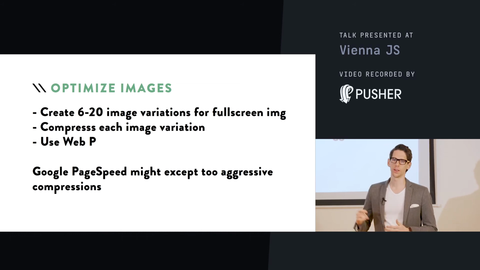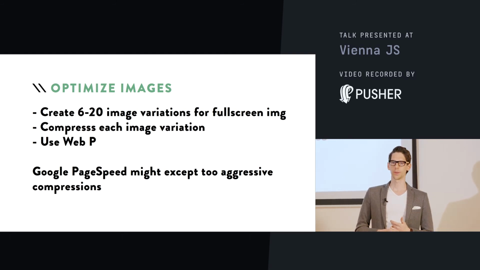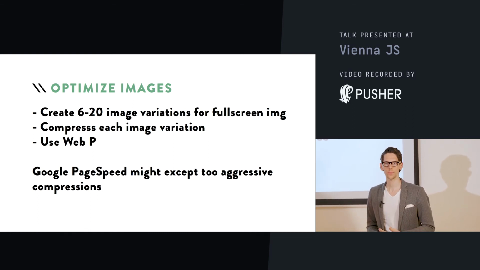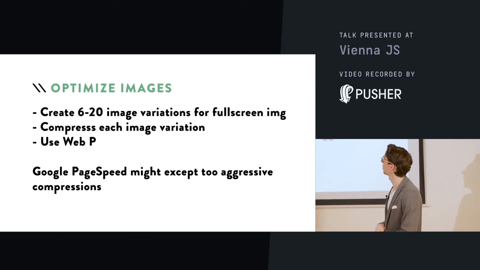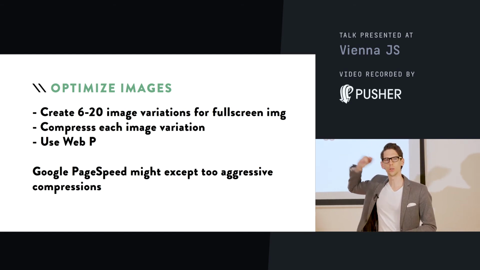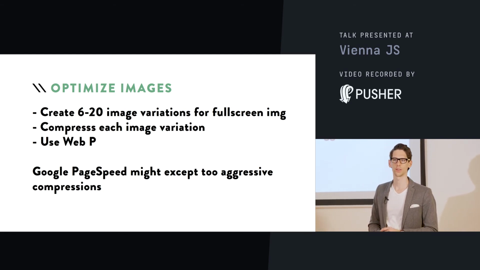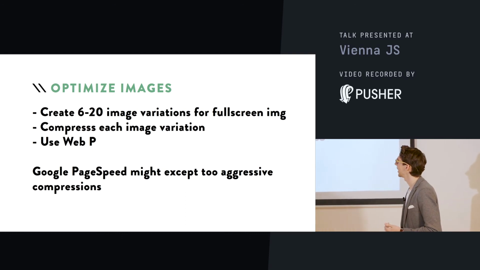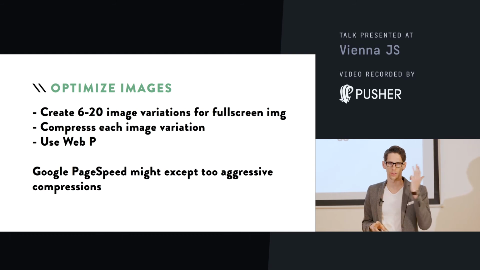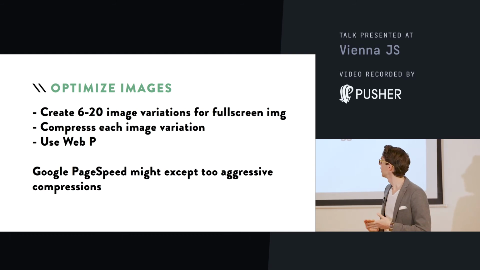I typically use the biggest size around 2000 pixel. It depends a bit on how much you care about quality versus speed. But you need a lot of different image variations, and each of those images also need to be compressed. So this is normally either your workflow, like grunt, gulp, or whatever, or your server.